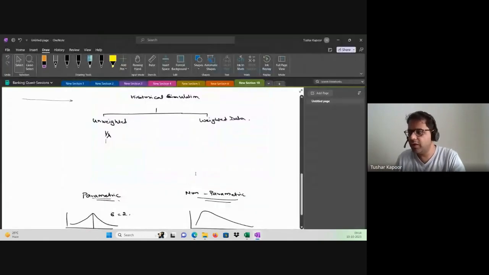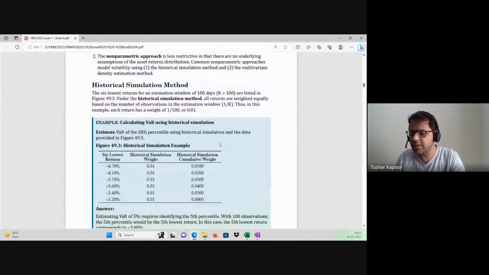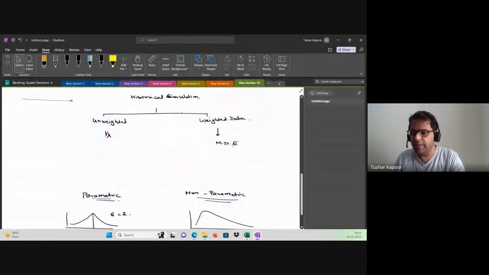This topic of weighted data has now actually been removed. Earlier, it used to be a part of the FRM, but we are going to discuss one model specifically, which is called MDE, multi-density estimation, which comes a few pages later. It is one such weighted technique.